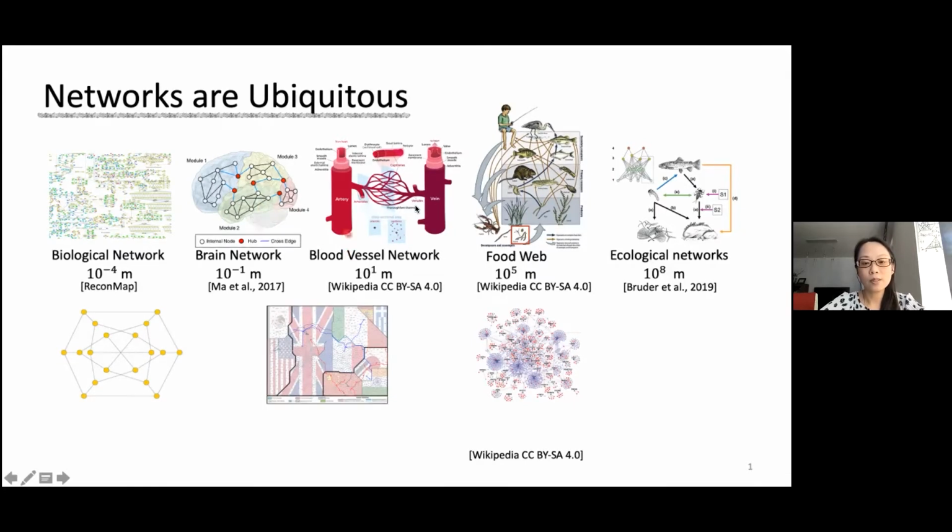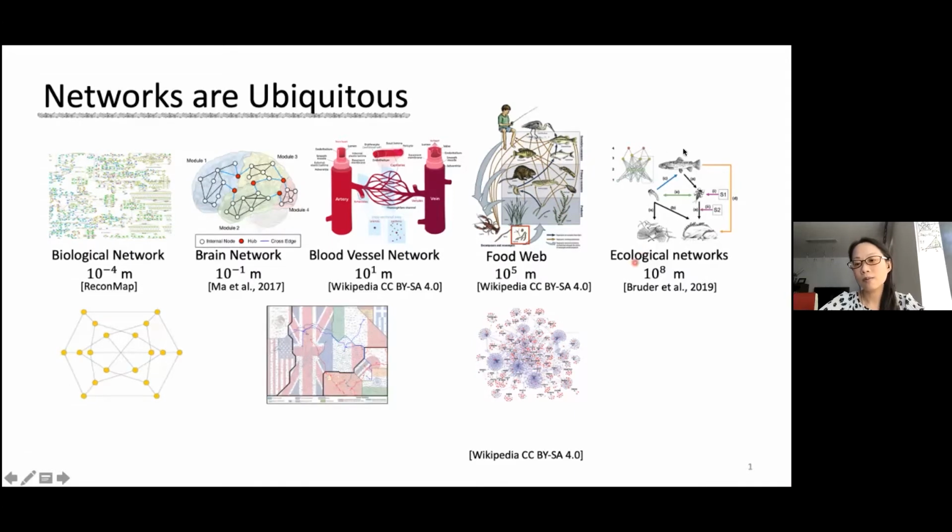We can also use a network to represent blood vessels, and how blood flows through them. We can also use it for representing a food web, how animals are eaten by other animals, and how the supply chain is consumed.